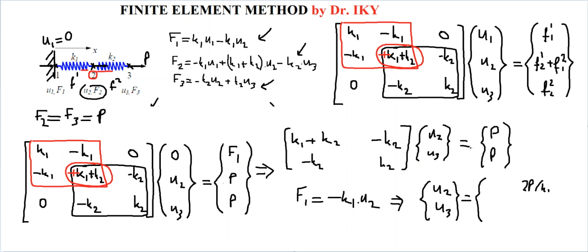You need to solve this equation, guys. You have got K1 plus K2 multiplied by U2 minus K2 U3 is equal to 0, and the other way, minus K2 U2 plus K2 U3 is equal to P. Two unknowns, two equations. So you will solve these equations, find these values. 2P over K1 plus P over K2.